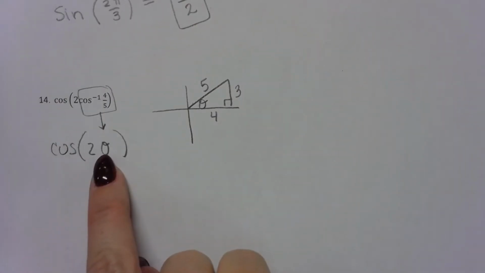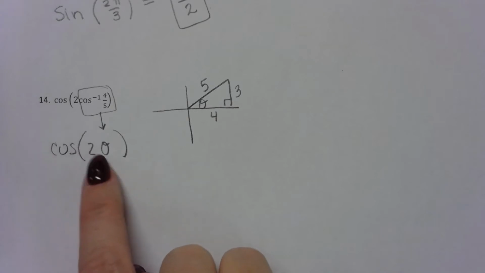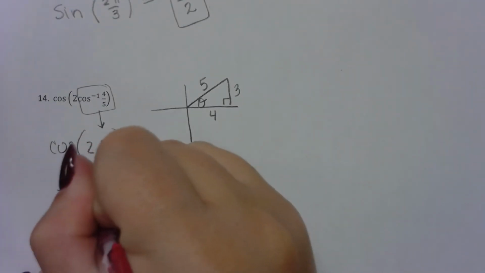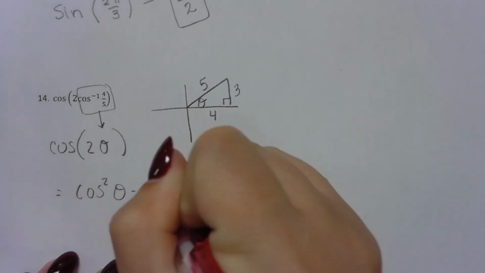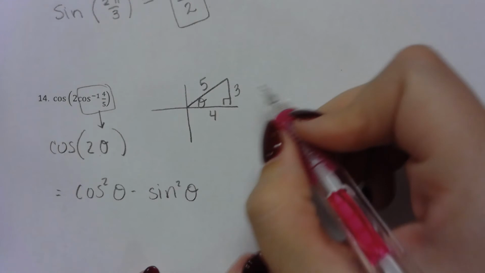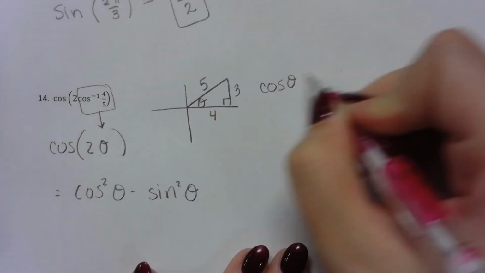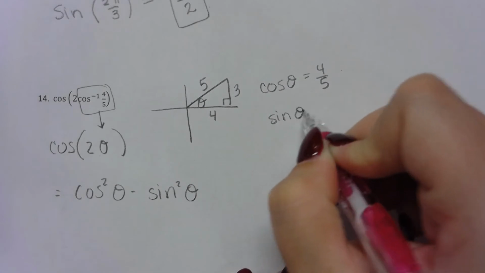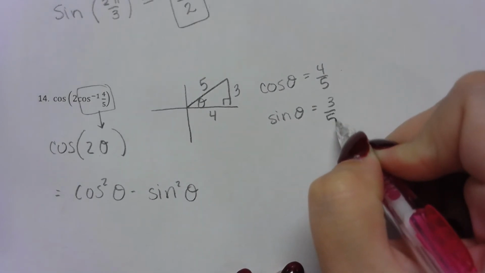Well, cosine of 2 theta, let's use our sheet. Cosine of 2 theta is equal to cosine squared minus sine squared. If I look at this triangle, cosine of theta is equal to 4 over 5, and sine of theta is equal to 3 over 5.